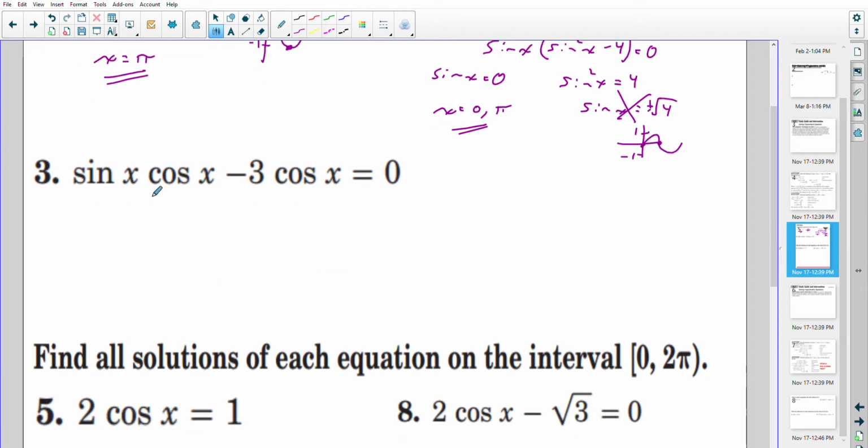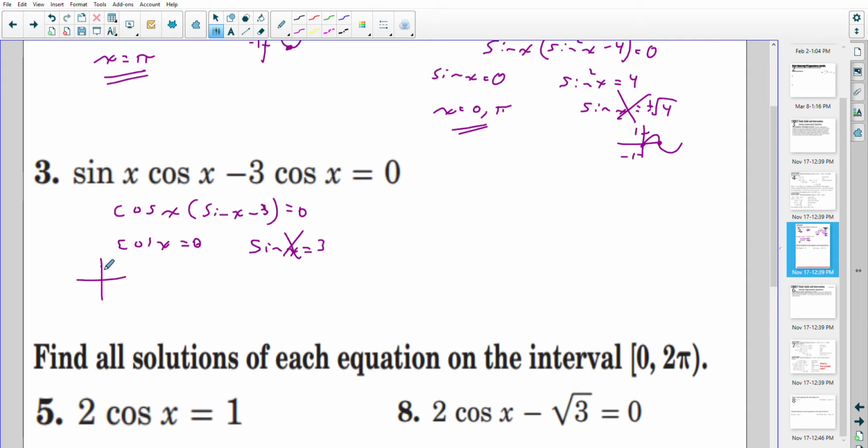Also, looking at this one, I can factor out a cosine x, sine x minus 3, apply the zero product property, and notice that this can never occur. When is the cosine x equal to 0?